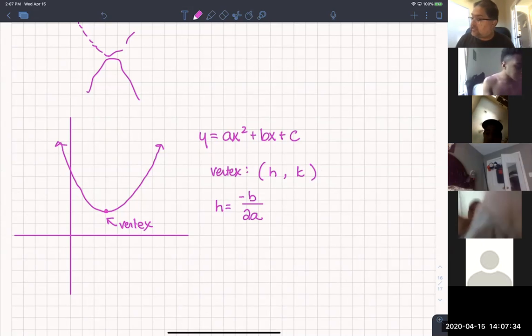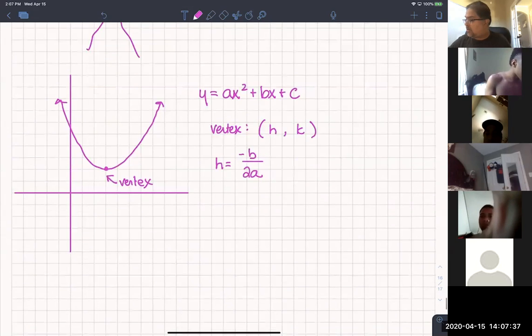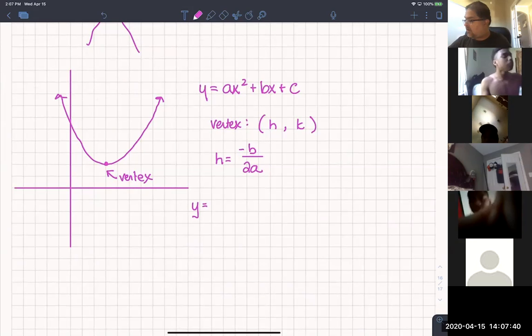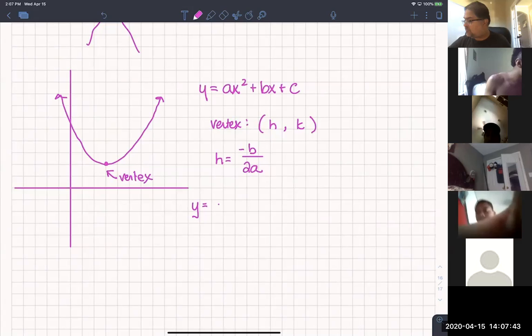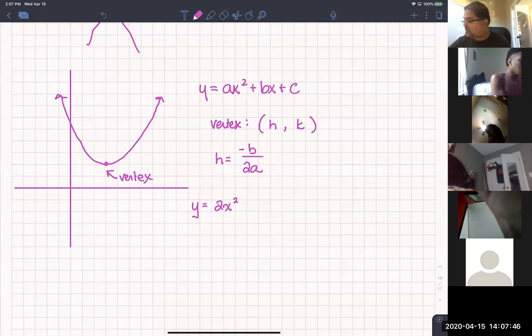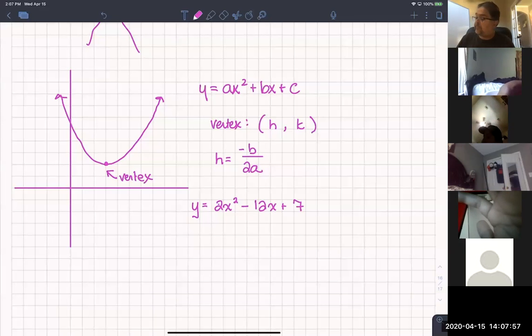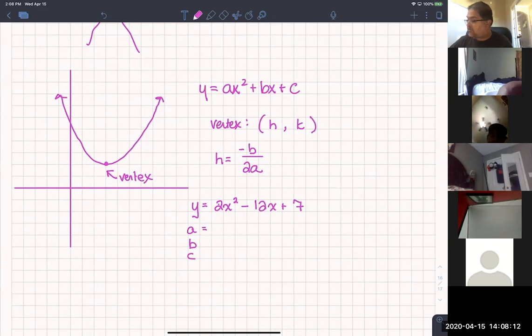Okay. So let's take a quadratic, and I want to find the x coordinate of the vertex of this quadratic. The first thing I do is write out my a, b, and c terms: leading coefficient, linear coefficient, and constant term.